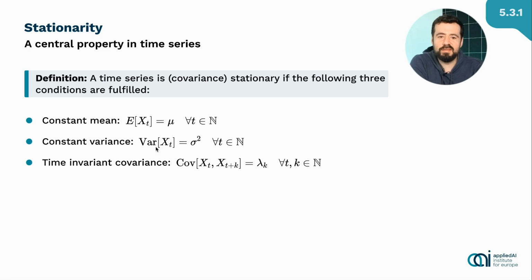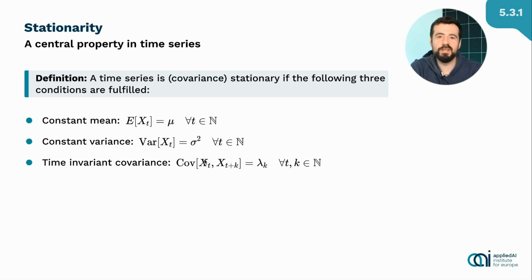Finally, we want the covariance to be time invariant or translation invariant, meaning that the covariance only depends on the distance in time between two points. So for any t, the covariance between x_t and x_{t+k} is some value lambda_k.